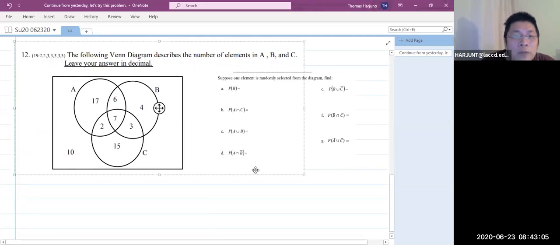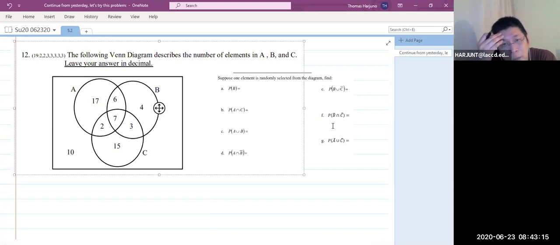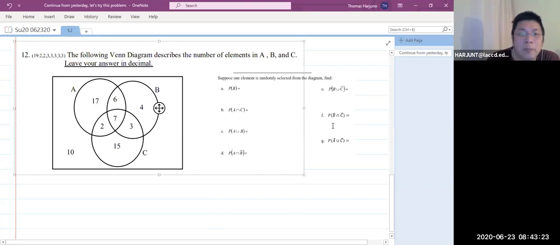Suppose we have that Venn diagram. Let me ask you to answer these 7 questions here. Probability of B, probability of A intersection C, A union B, so on and so forth. The last 4 questions are the hard ones. The first 3 are basic.